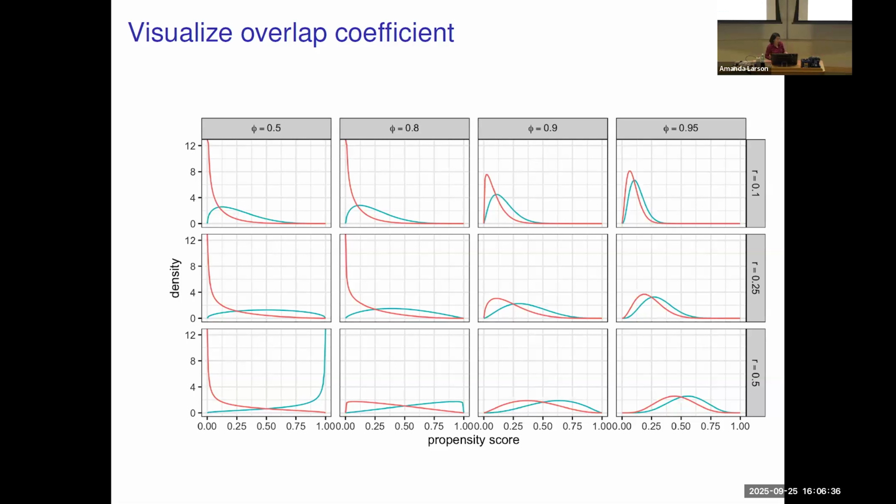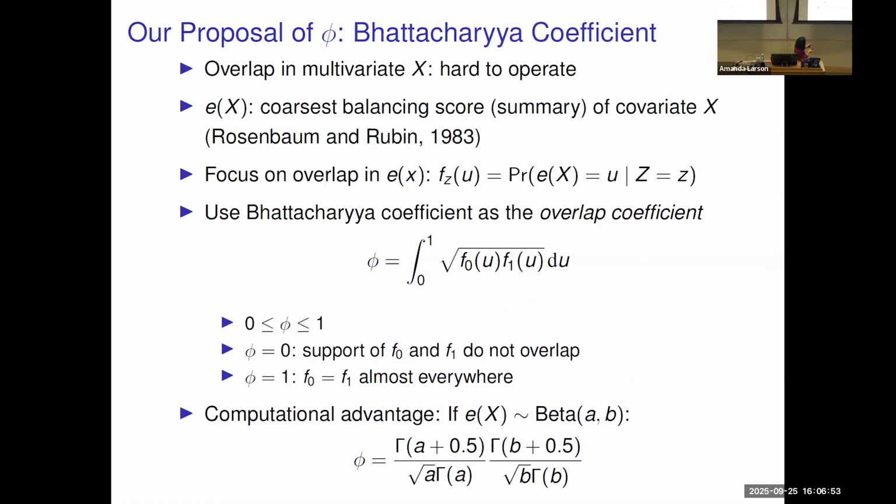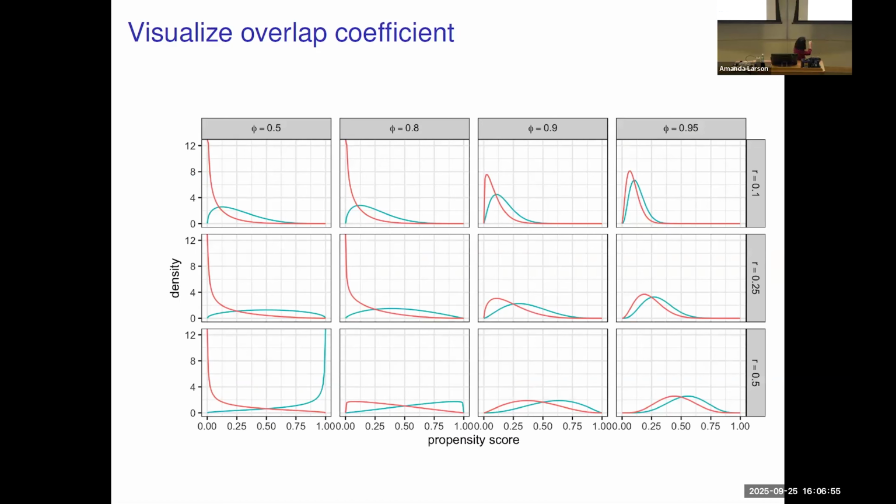Okay, so you've got two beta distributions, a red and a green here. This is actually one, this is the propensity score distribution. Good question. No, this is the propensity for the treatment group and the propensity for the control group.